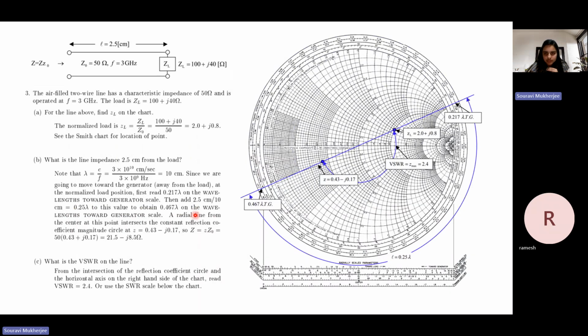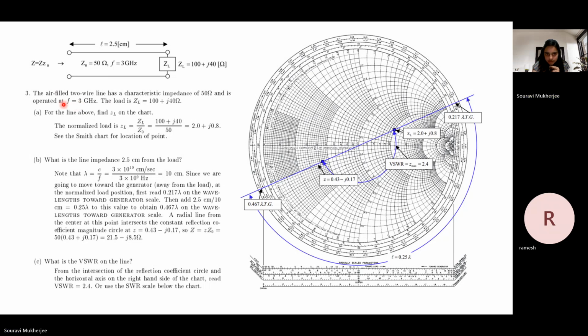So in many questions, what can happen is, when we talk about the wavelength towards generator or wavelength towards load scale, we are writing it in terms of the wavelength of the signal, right? So in some questions, the length can initially be provided in standard units. Okay, so then you have to be careful about using the signal frequency. So suppose here it is said that you have this air-filled two-wire line with some characteristic impedance operating at a certain frequency, like 3 gigahertz. Okay.